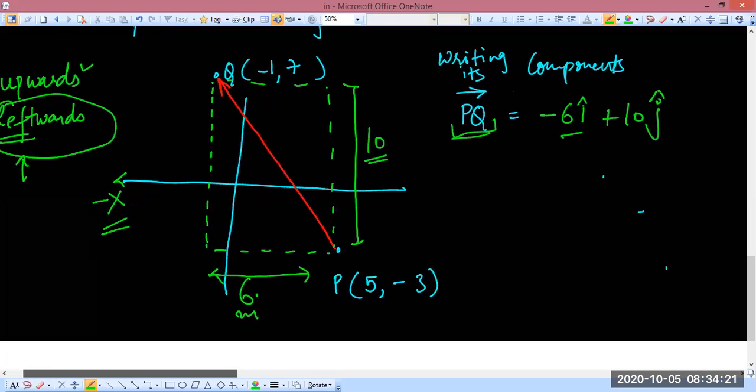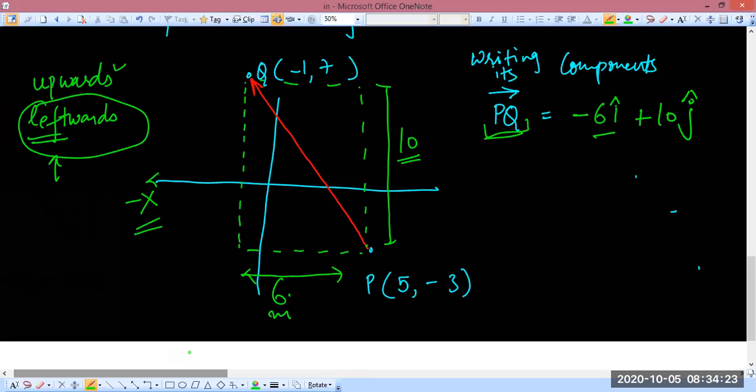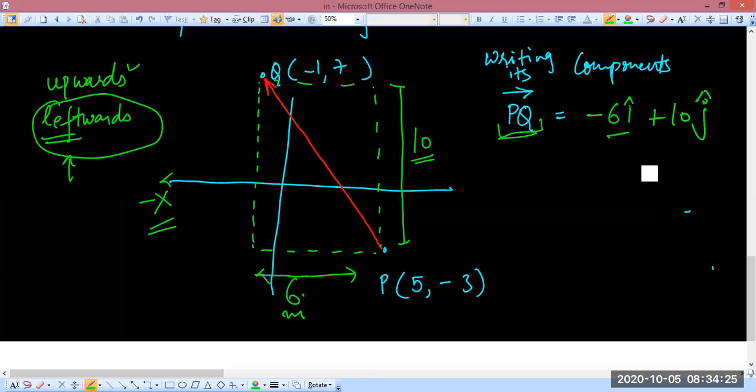Raj here pointed out that we can also do it by this form. Listen to this carefully. Raj pointed out that we can also do it by taking x2 minus x1 i caret and y2 minus y1 j caret, and he is right.